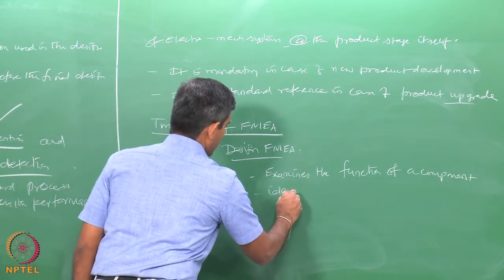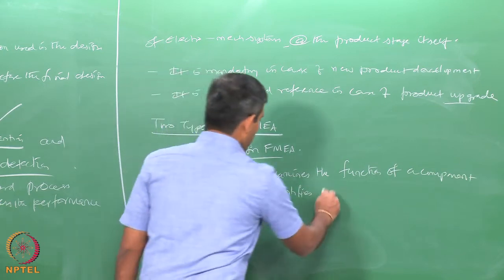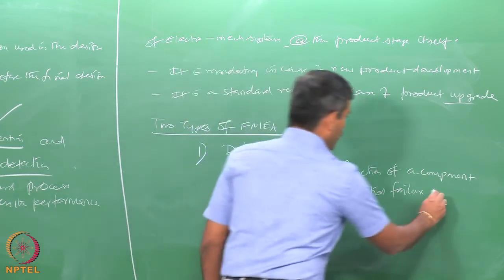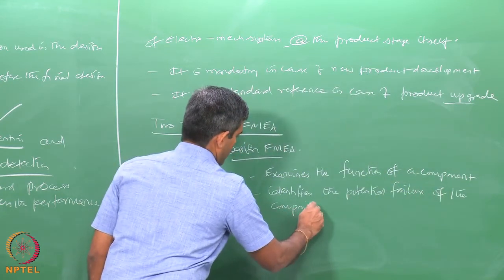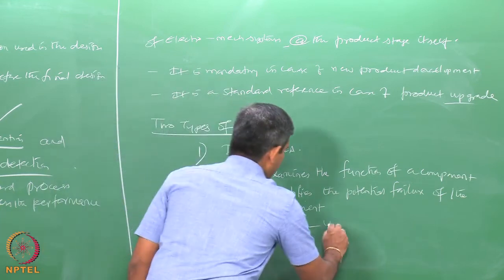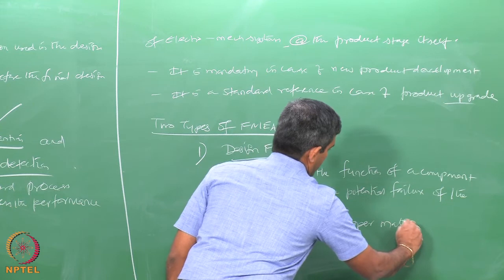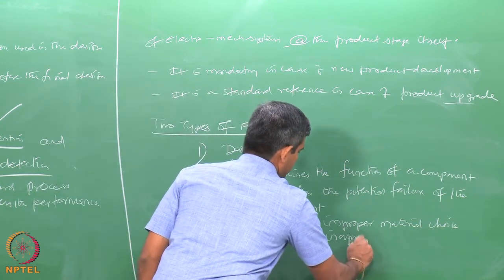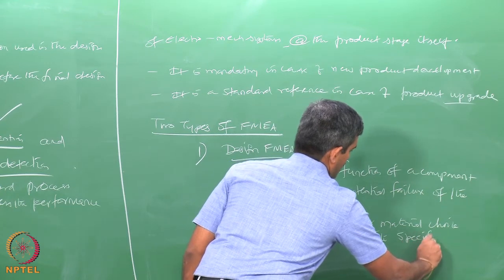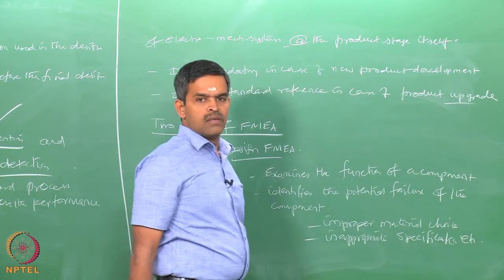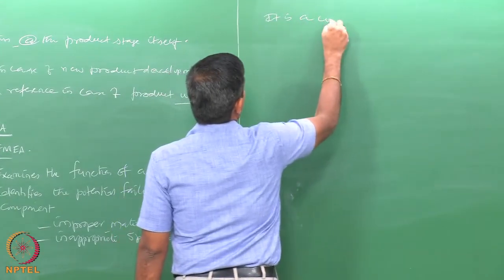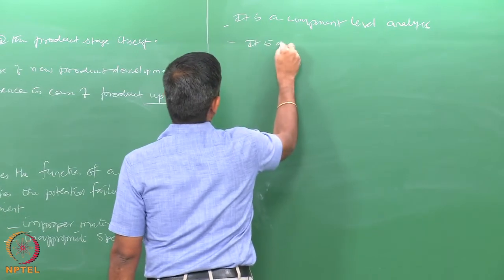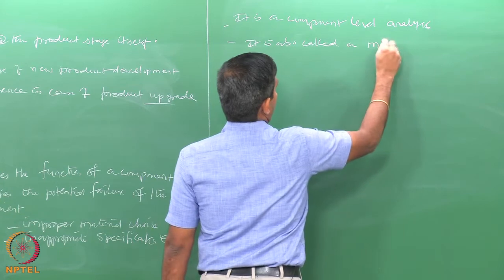It identifies the potential failure of the component in terms of improper material choice, inappropriate specification, etc. So, therefore, it is a component level analysis. It is also called micro level analysis.